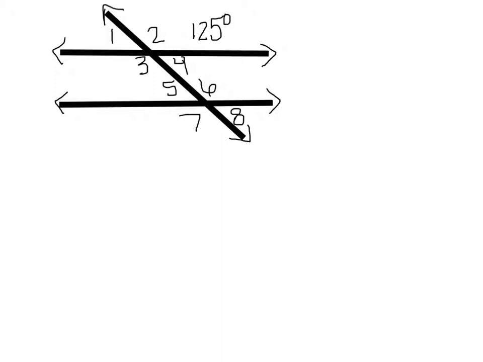If I give you that the measure of angle 2 is 125 degrees, can you figure out the measure of some of the other angles, Ingui? How did you get that? Because 1 and 2 are on a straight angle. Straight angles are 180 degrees, so you subtract. Angle 1 and angle 2 are indeed straight angles.